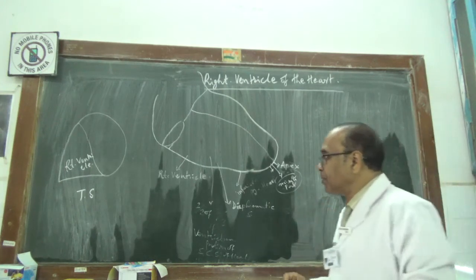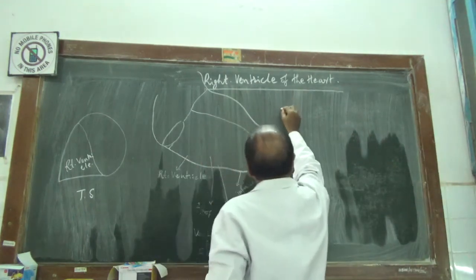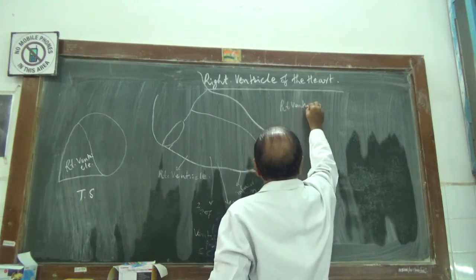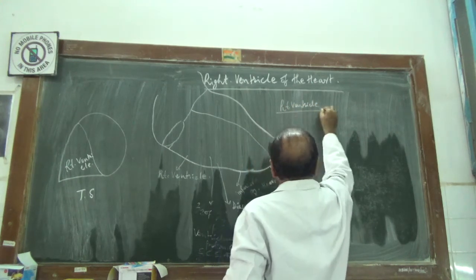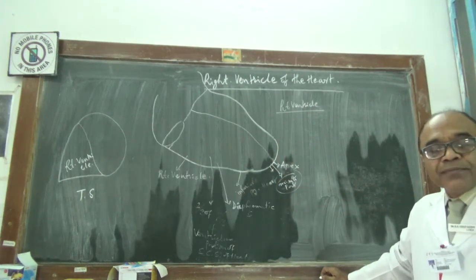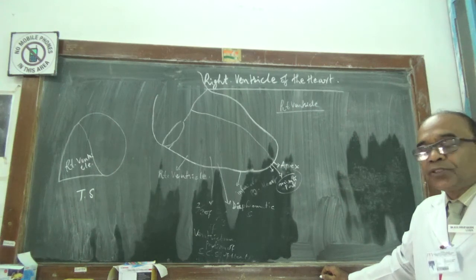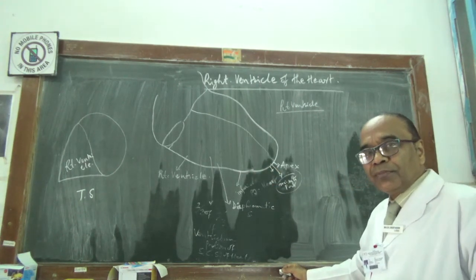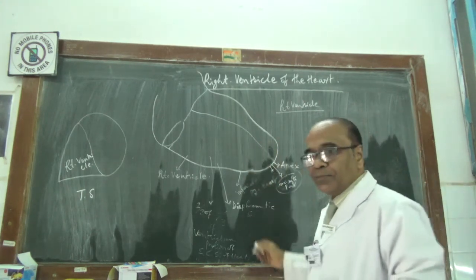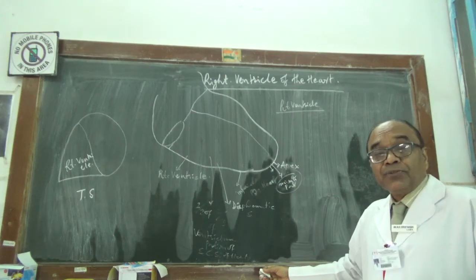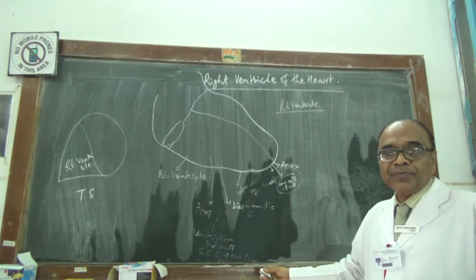Now this right ventricle is directing forwards, a little upwards, towards the left, and then downwards and backwards.